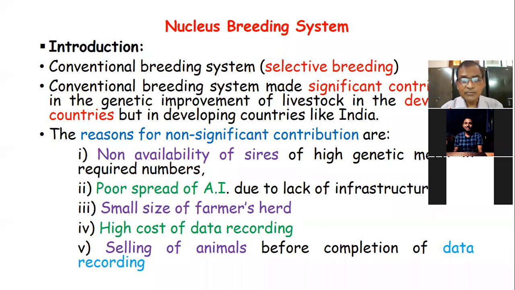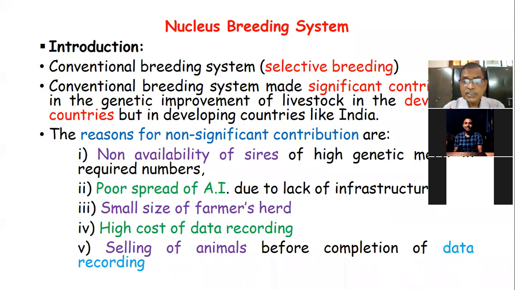That means the farmers' herd size is very small. In developed countries, you will find a farmer maintaining 400 or 500 animals of a particular breed. But in our case, farmers are very poor, so they maintain only 1 to 5 animals, mostly 1 to 2. Herd size is very small. That is also a hindrance.